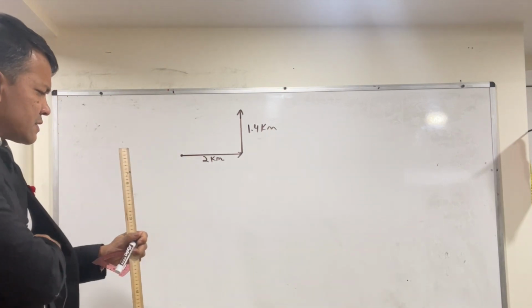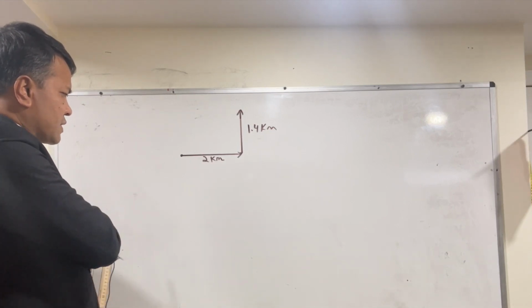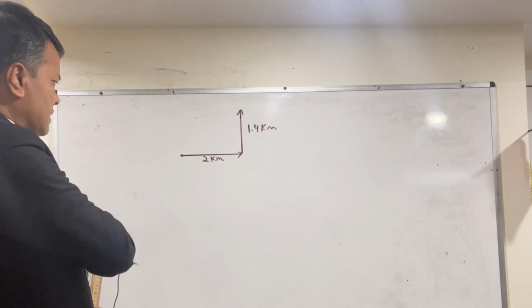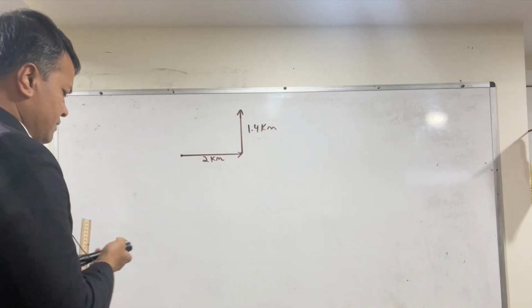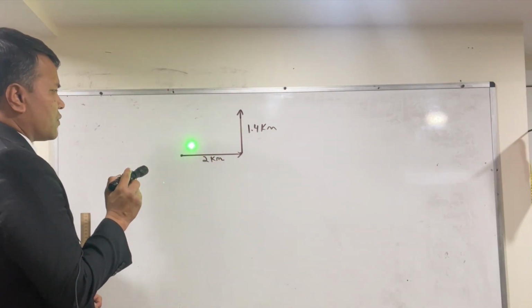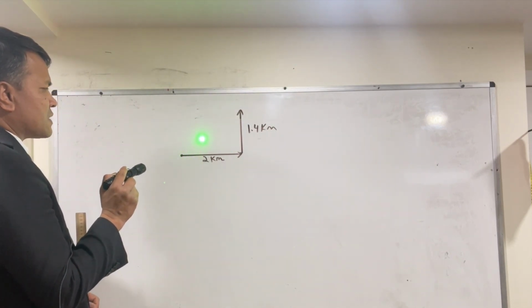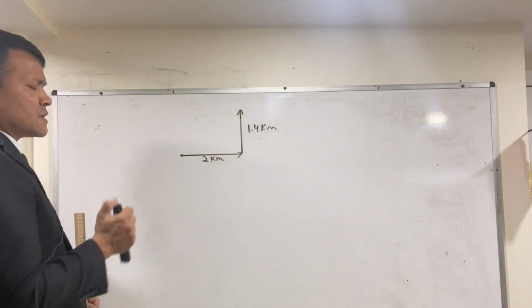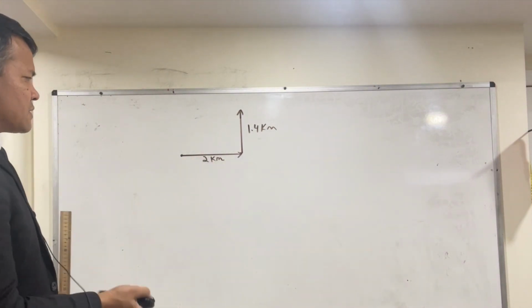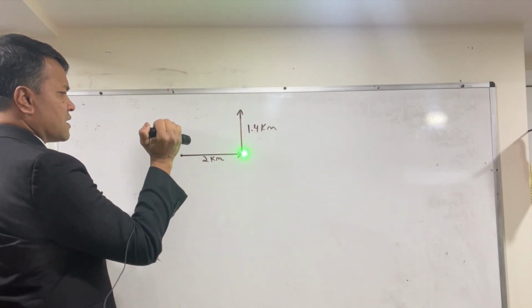You're going to draw the resultant by connecting the tail of vector 1 with the head of vector 2. As you see, this is the resultant, because I already put it in head and tail, head of vector A and tail of vector B.